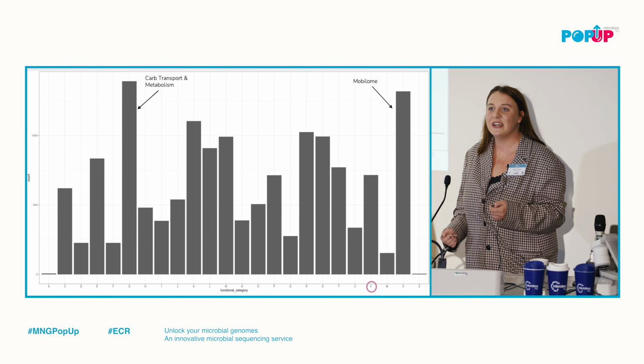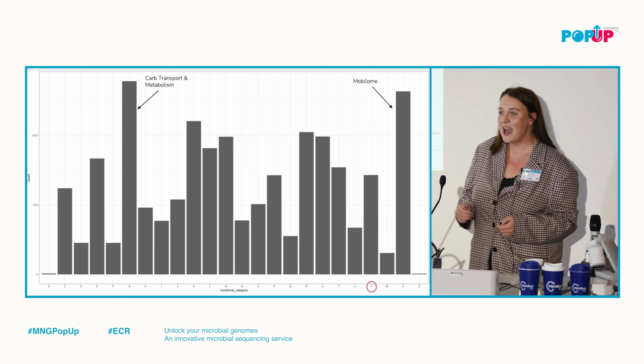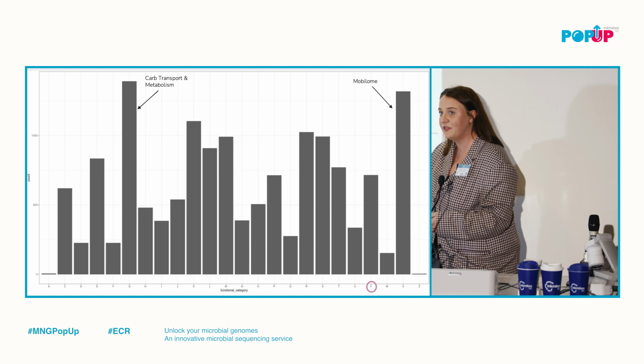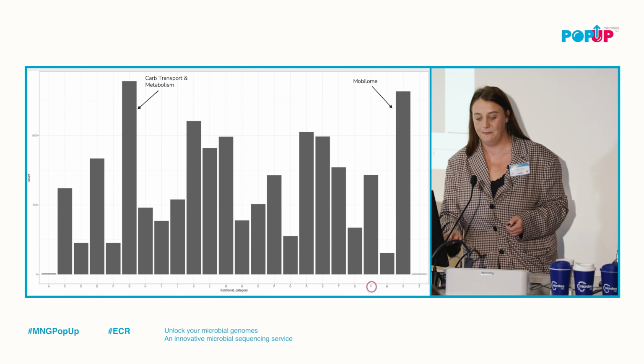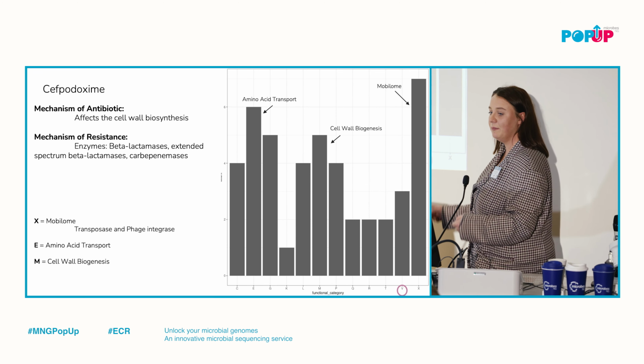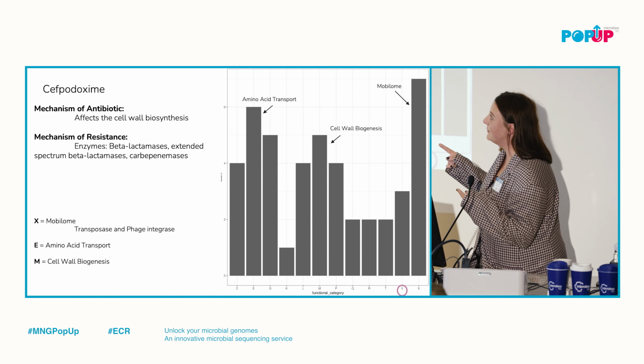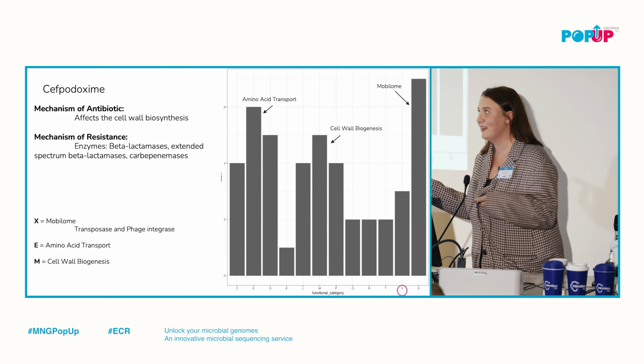And so my question is within those antibiotics, what is the distribution of these functional categories for genes relevant to those phenotypes? So we can look at cefpodoxime. We know the action of cefpodoxime. It affects cell wall biosynthesis.